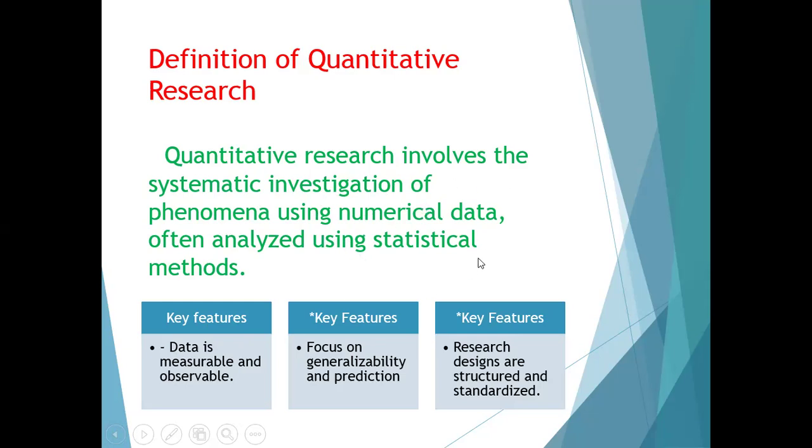So that's why you will use questionnaires, surveys, all these things. The data is measurable and observable, okay? So this is very important. You can measure and observe the data that you can get with these instruments.